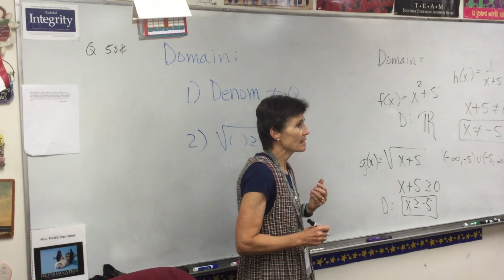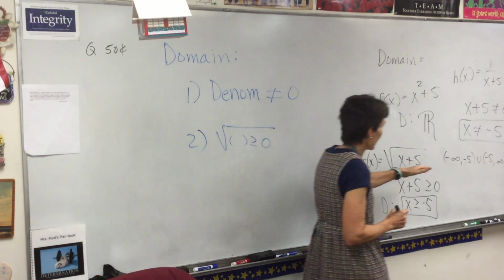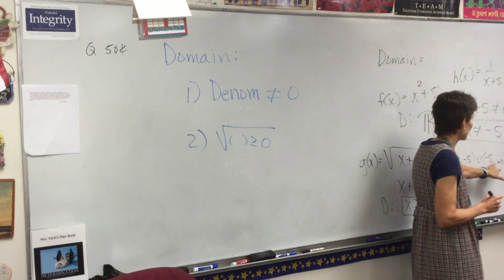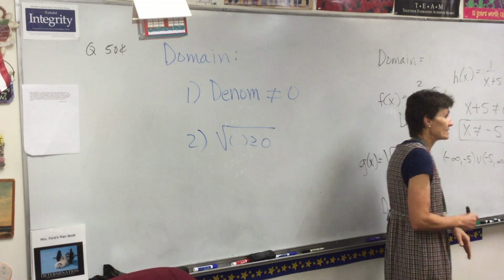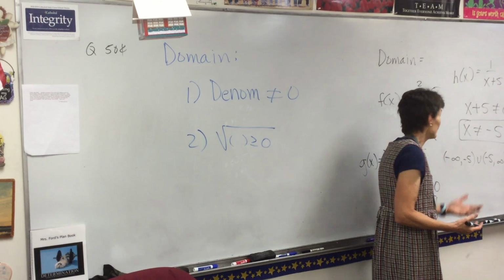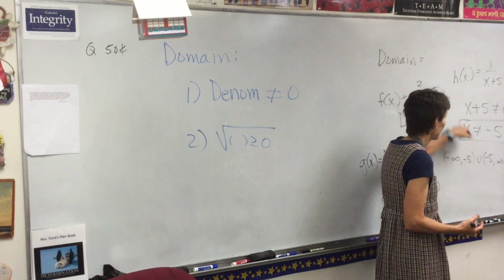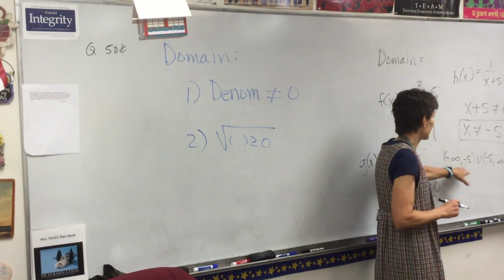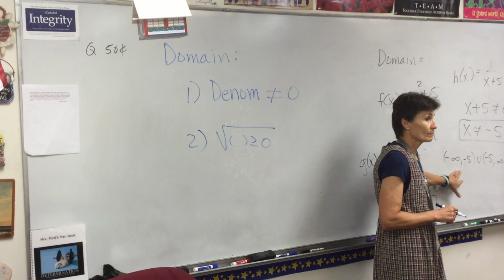But doesn't it say the same thing? This says everything from -infinity to -5, and then everything from -5 to infinity. Isn't that everything except -5? Uh-huh. We say exactly the same thing. I'm perfectly okay with this, but if you want to write it formally, this is the way it would be written.